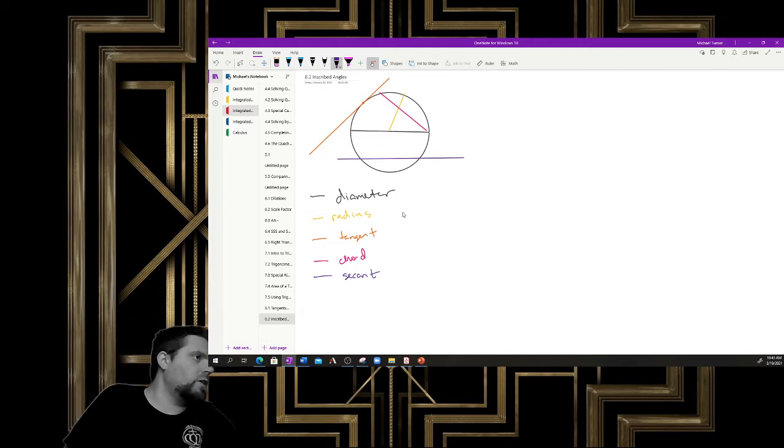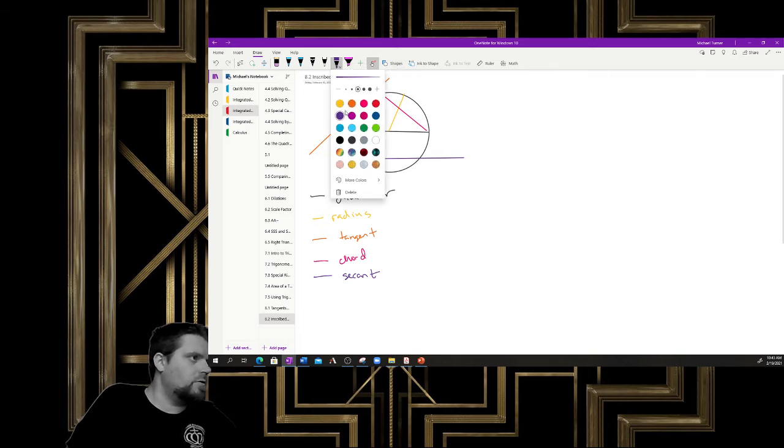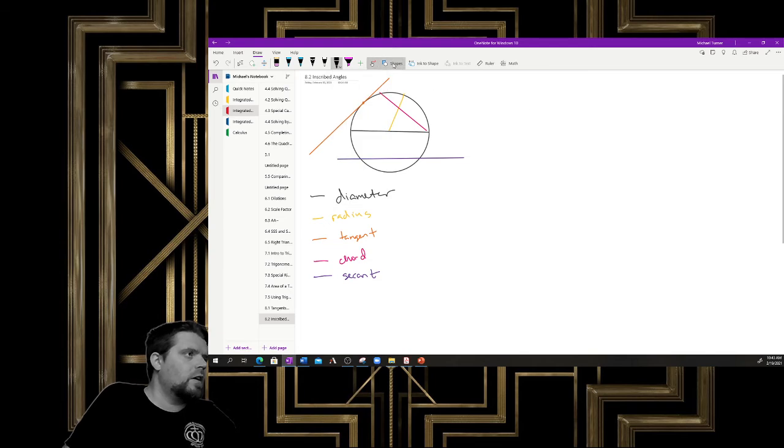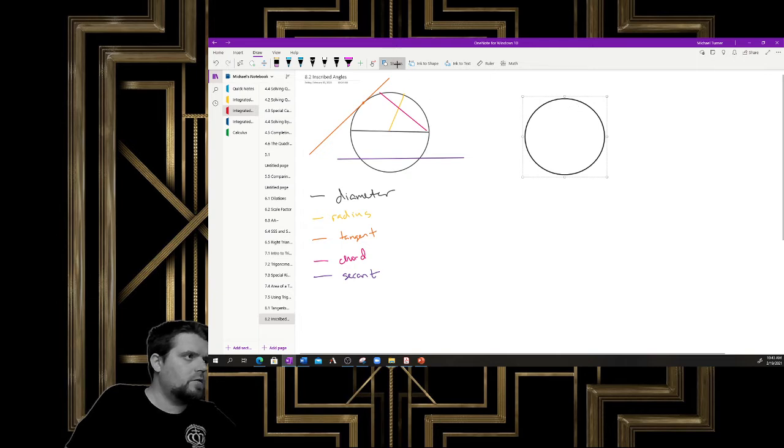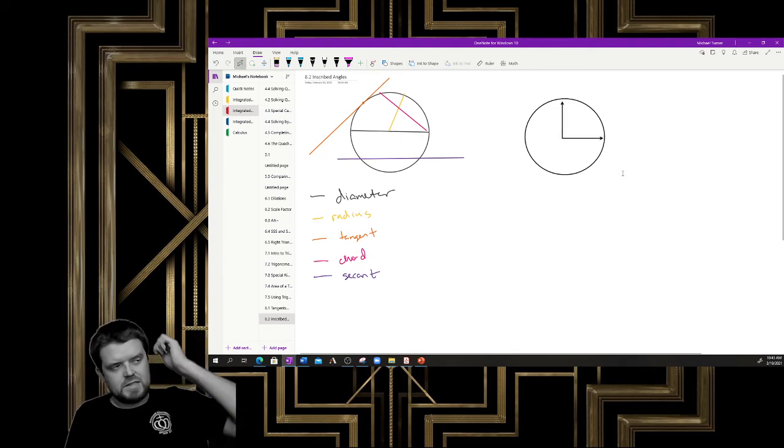So, when we are looking at a circle and we draw an angle, we'll start out with a central angle here.